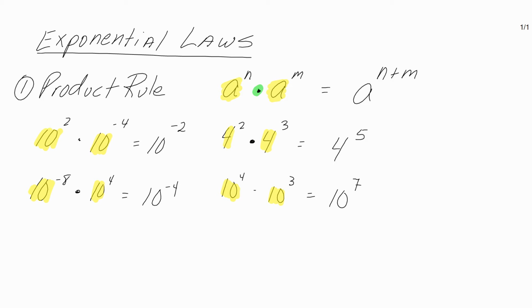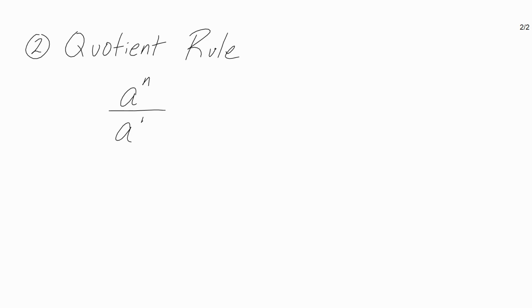The second rule is called the quotient rule. What does quotient mean? Divide. So if I have the same bases and I'm dividing, what do I do to the exponents?